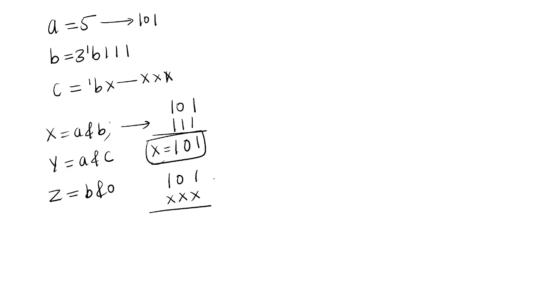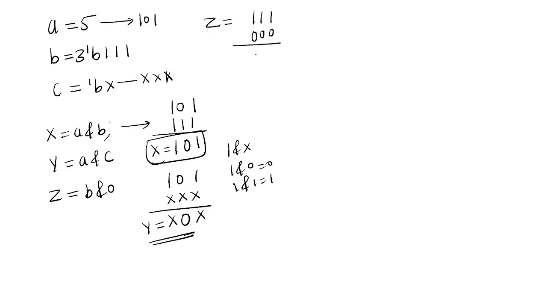So 1 and x: 1 and 0 is 0, 1 and 1 means 1, so here you are getting x. 0 with x is 0 only. So y equal to x0x. And z: b is 111 and of 000, you are getting 000 only. So these are the values you will get.